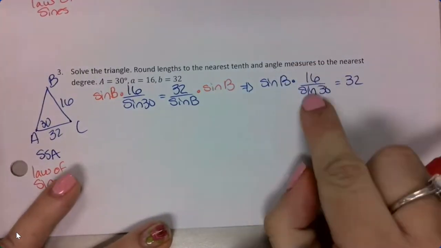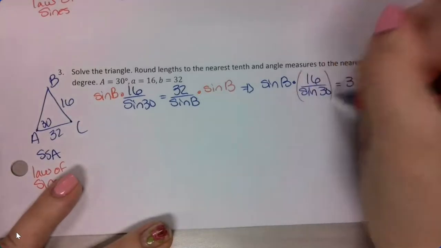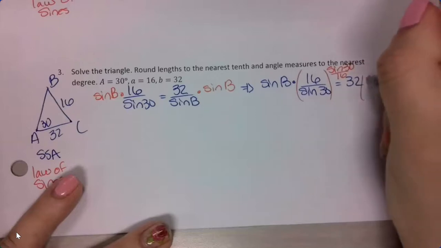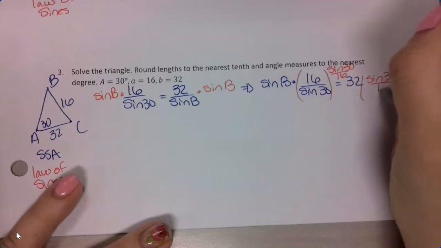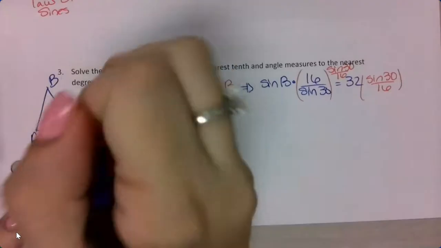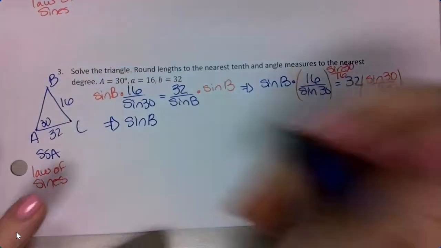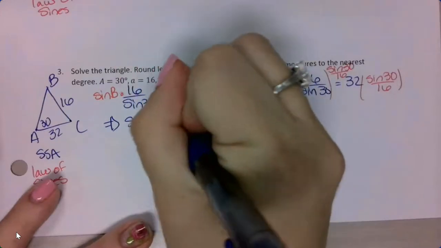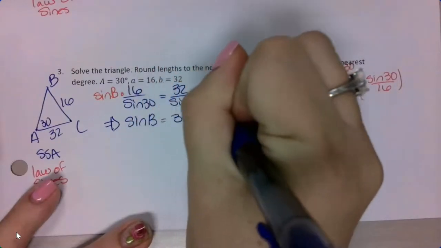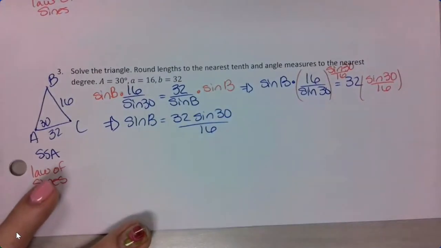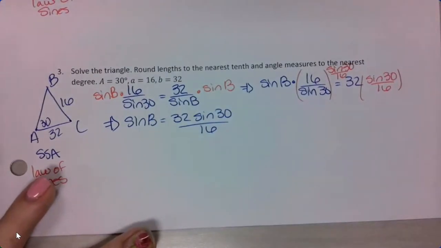Then I want to get rid of this fraction, so I'm going to multiply by its reciprocal, which is sine of 30 over 16. If I rewrite this again, I just have sine of B equals 32 sine of 30 over 16. Then I need to go ahead and find my inverse sine.